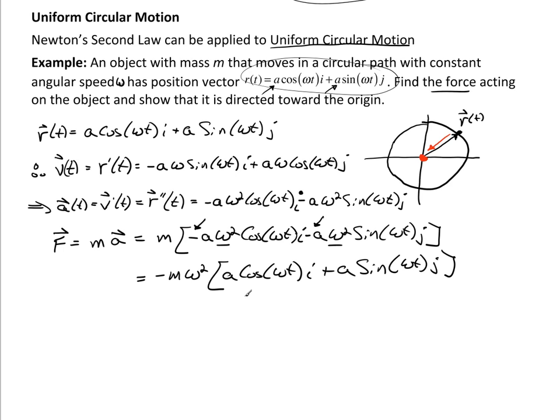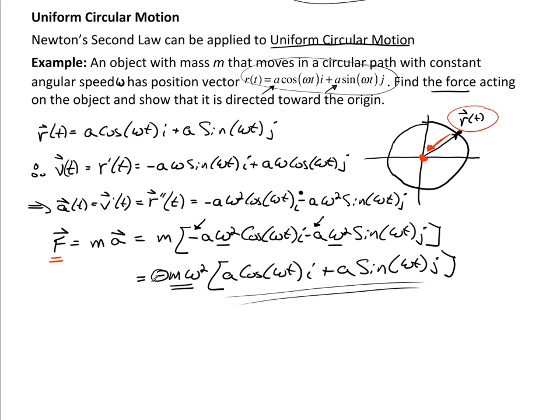Well, this is my original position vector. So force is my original position vector scaled by the value of the mass and the angular speed, and it's the negative of it. Well, if I take the negative of a vector, it simply goes in the opposite direction. So what I just showed is that the force vector is in fact in the opposite direction of the original position vector.